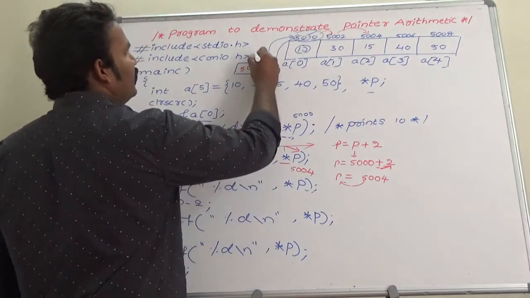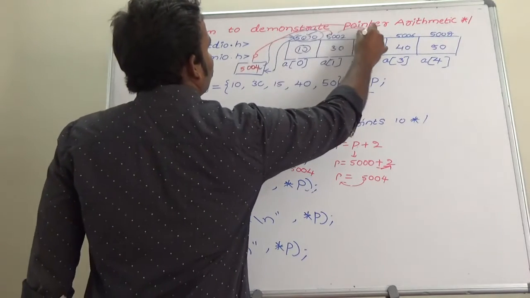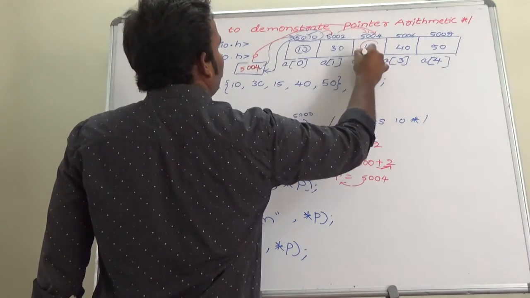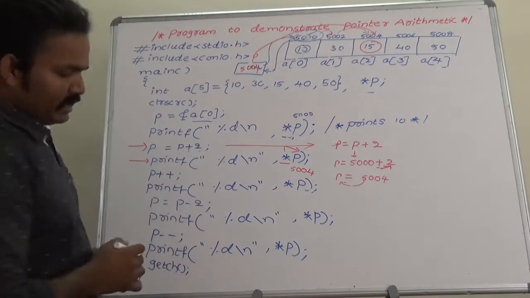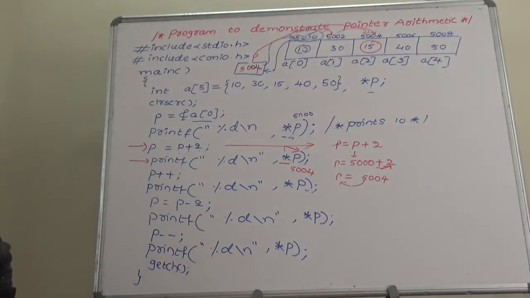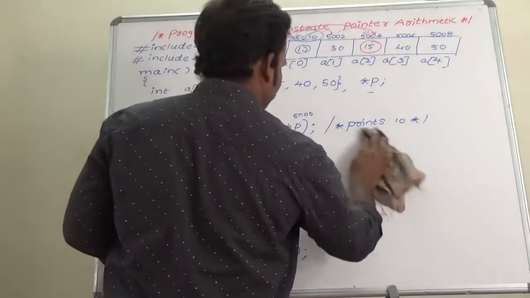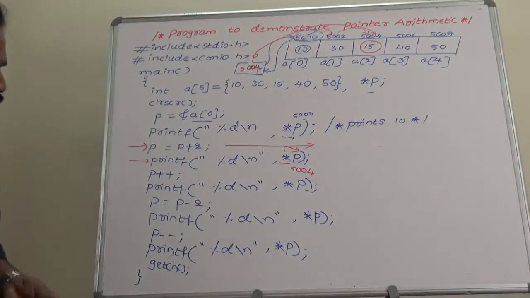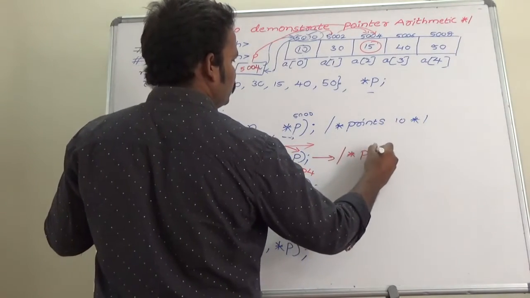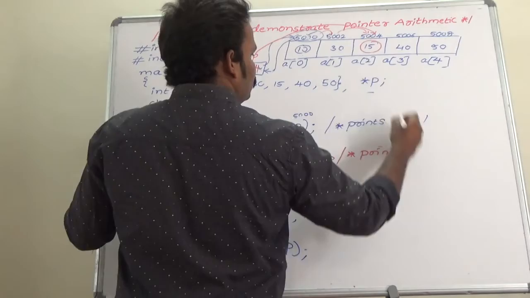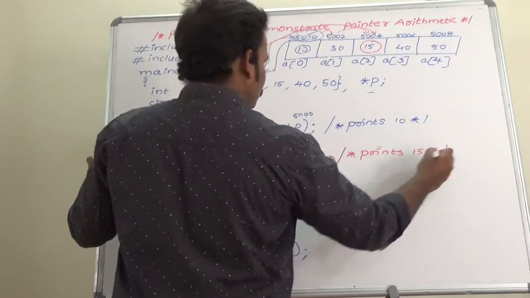Pointing to address gives value at that address. Here this particular printf statement prints what? 15 on the screen. So clear?